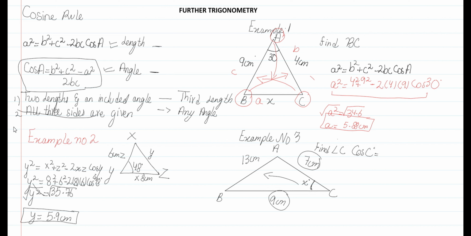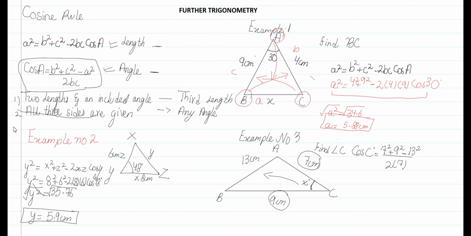So the B is 7 square plus 9 square, and the third side you have to subtract it, that is 13 square. Okay, and in the lower side you have to take 2, again 7 and 9.